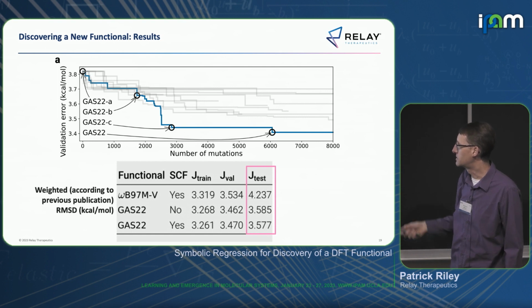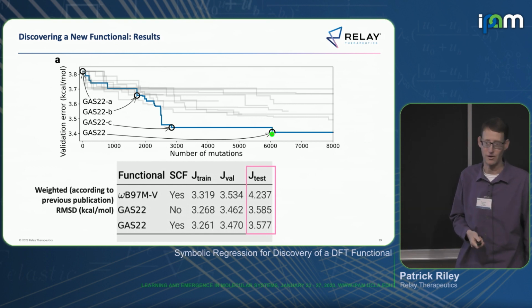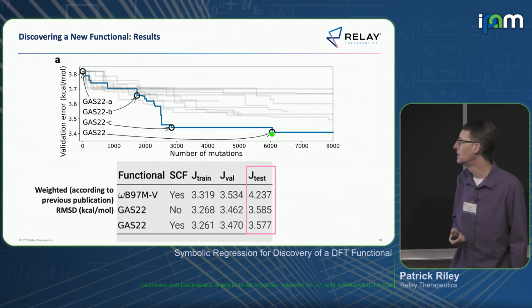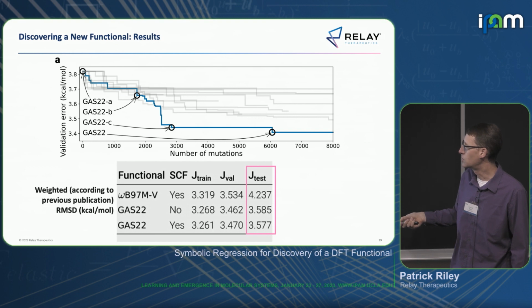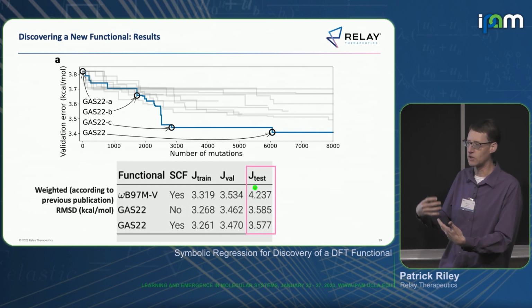And so what we see here is, again, the number of mutations going over to the right, and the best functional found. Around mutation 6,000, we get to this thing that we are going to call the GAS22 functional. What is shown on the bottom here, if you just look at the top and the bottom row for a second, is the test set, which is the values never seen during the training process.